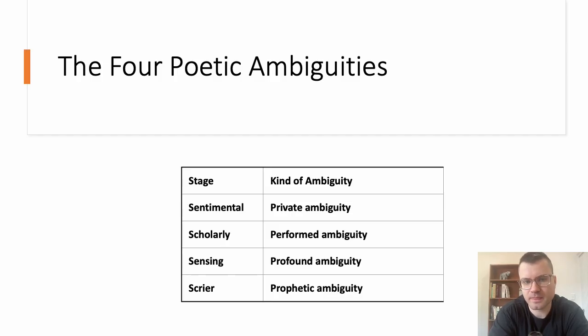At the scholarly level, the connoisseur, there's a performed ambiguity. This is something I'm going to elaborate on in the next slide, where we'll talk about the nature of the performativity. The connoisseur is in conversation with the tradition of winemaking and the classifications within the winemaking world around wine.